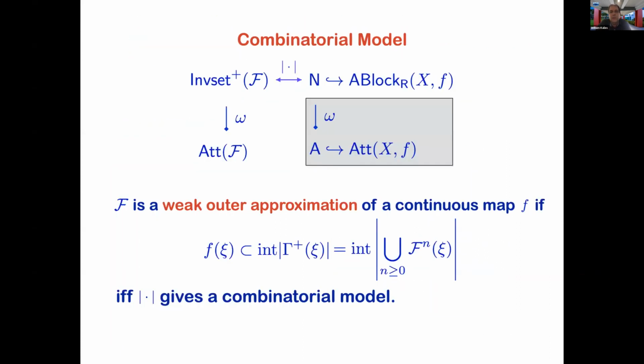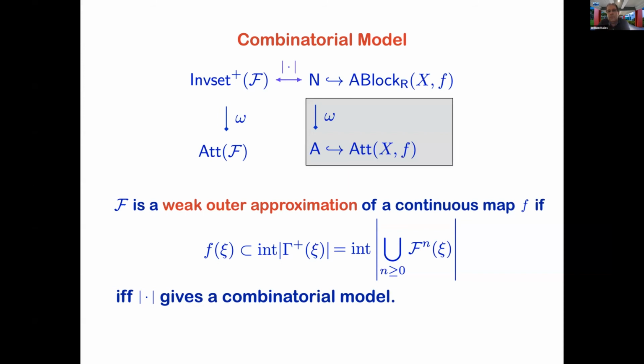to get this idea that forward invariant sets correspond to attracting blocks, right? And so then you can think of a model as saying, well, forward invariant sets in my directed graph are attracting blocks in my underlying system. And of course, I can look at attractors for my graph.